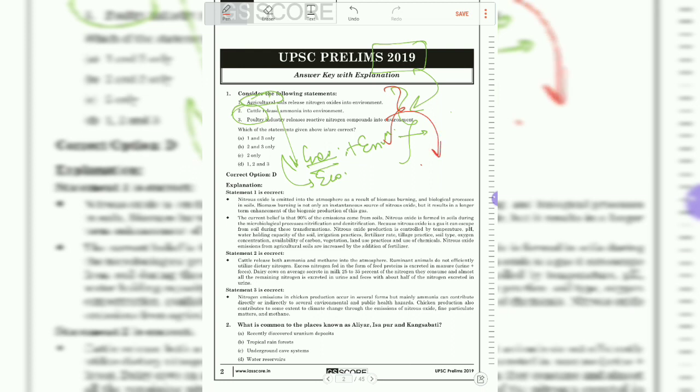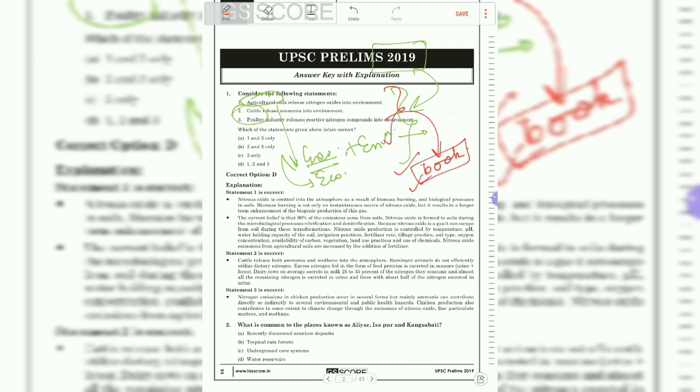have in mind the book you have read for this or any test paper you have given, because then at the back of your mind you will have some knowledge about the topic, right? For example, in environment you have read Shankar, which has one part on agriculture, and from there you can flip through the pages in your mind. Okay, this I have read, and from there I can eliminate in this question, right?